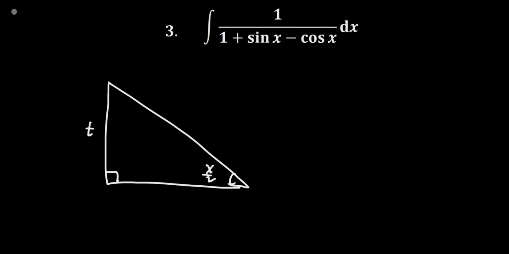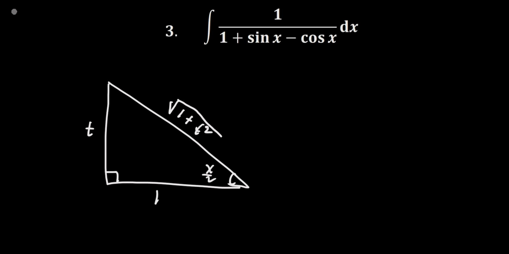This is t and this is 1. And by Pythagorean theorem, the hypotenuse automatically would be root 1 plus t squared.